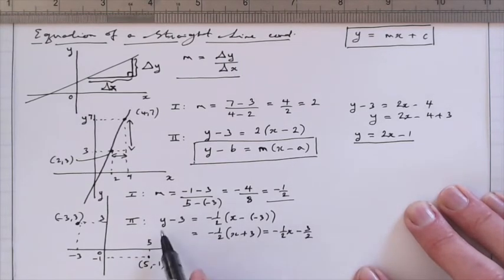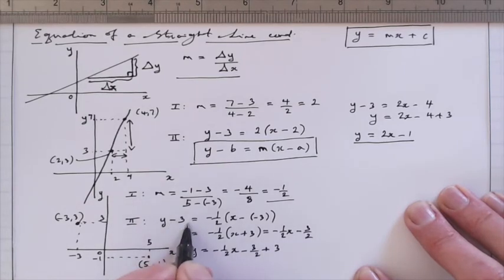So finally I'm going to add 3 to both sides, and then I'll have that y equals negative a half x, and then take away 3 halves, and then plus 3. So I'm taking this negative 3 across, which is equivalent to adding 3 to both sides.